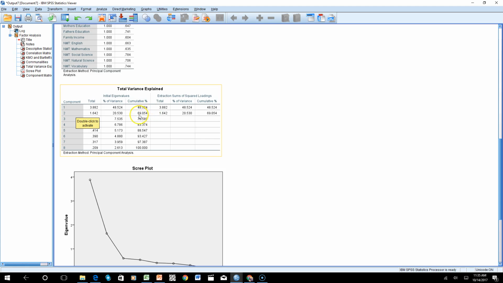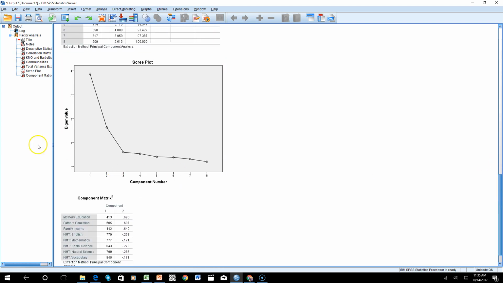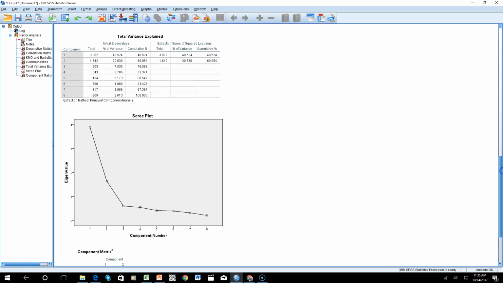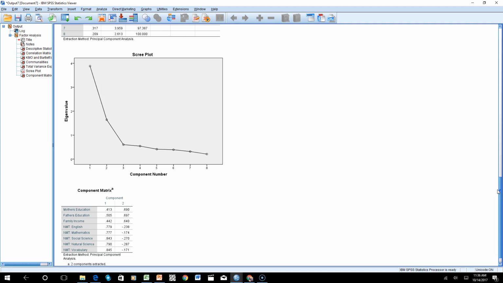If you combine them, that is around 69%. You can look at our scree plot there, and it shows you the same thing that you have in the total variance explained. We can look at our component matrix, and we could see some valuable information there, but we're going to move here to the rotation.